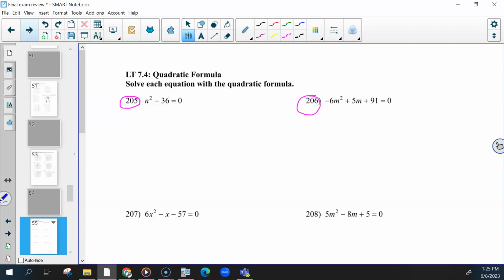Quadratic formula is not up here, but it should be. You can write it. X equals negative b plus or minus square root of b squared minus 4ac all over 2.